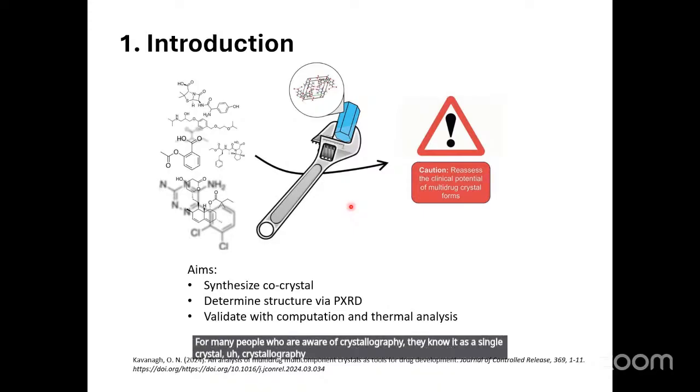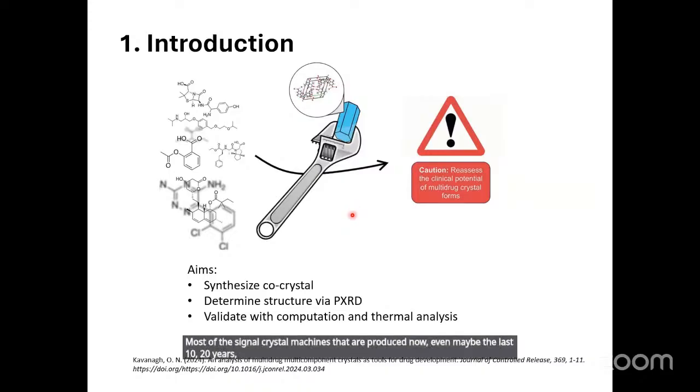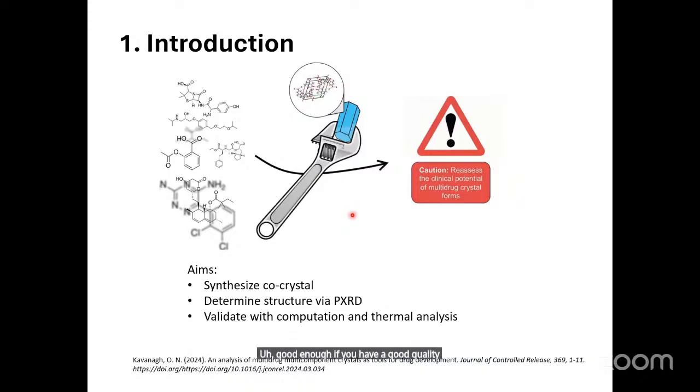So you need good quality crystals for that. They need to be the right size, and you need to have a machine that is good enough. Fortunately, most of the single crystal machines produced in the last 10, 20 years are good enough if you have a good quality single crystal. The unfortunate part is that that doesn't happen most of the time.